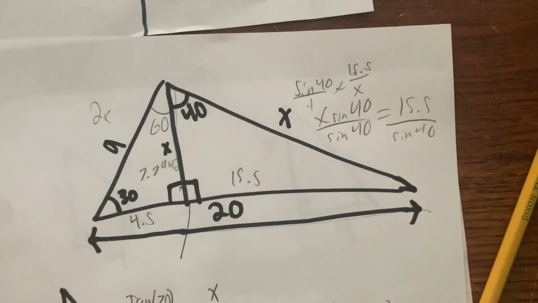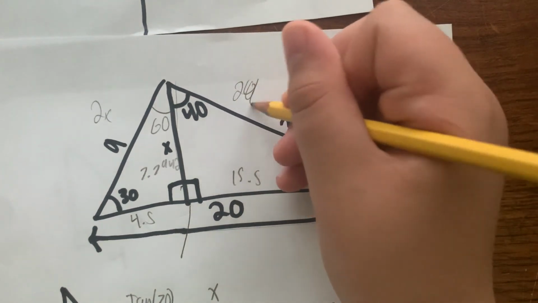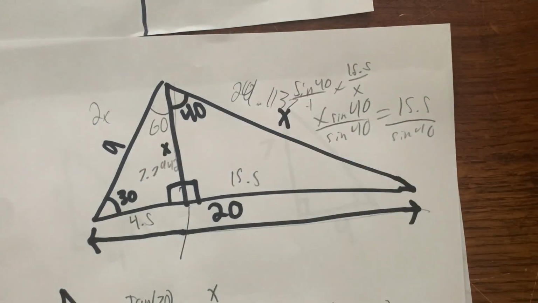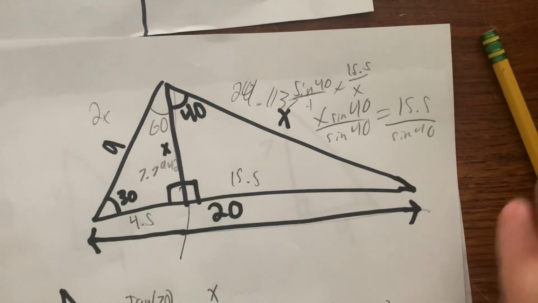Put this into your calculator, and that makes this 24.1137. Okay. That should be all you need to know about basic trigonometry. I hope you learned something.